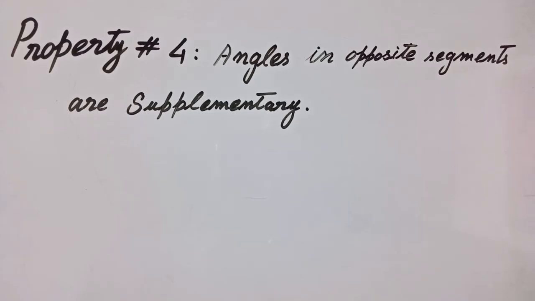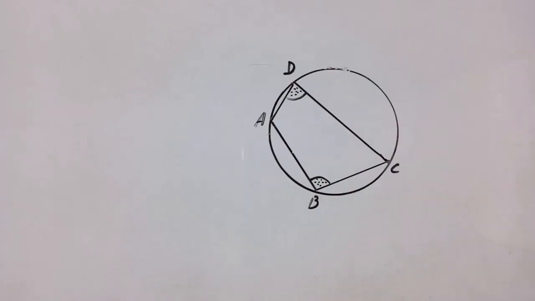Fourth property: angles in opposite segments are supplementary. Here in this figure, the vertices of a quadrilateral ABCD touch the circumference of a circle.